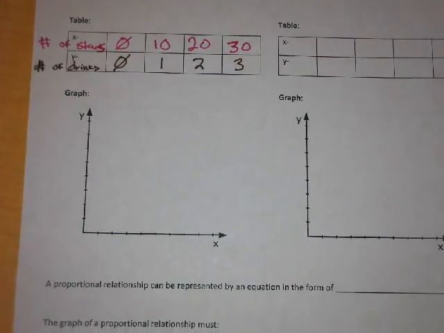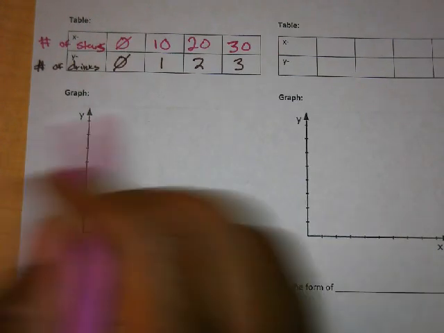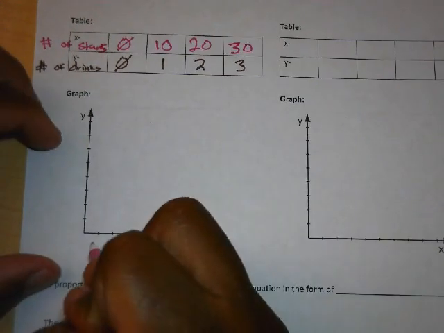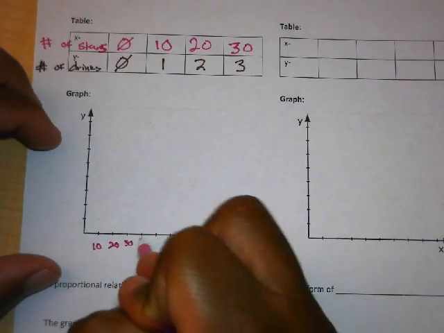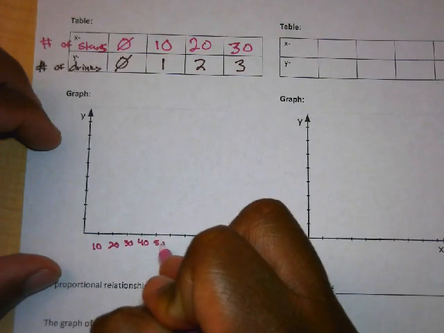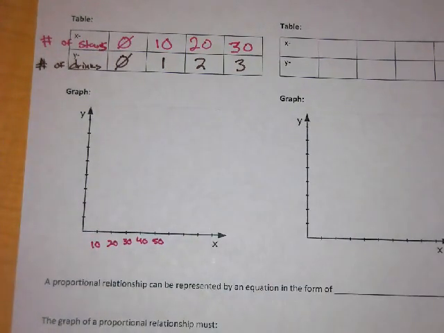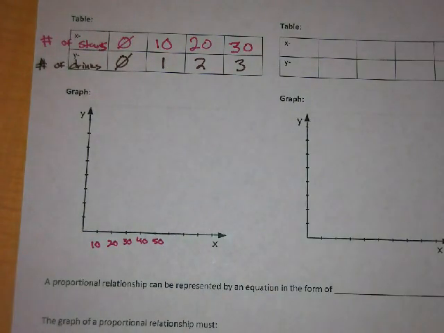So we have a graph here, and on the x-axis, I'm going to go by tens: 10, 20, 30, 40, 50. We can stop there because our table doesn't go that far.